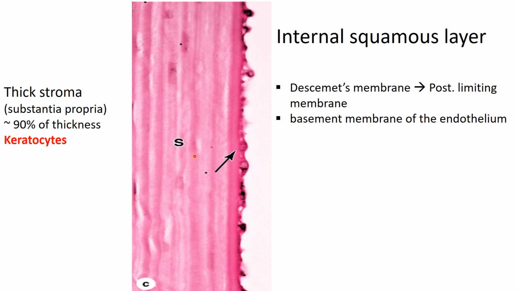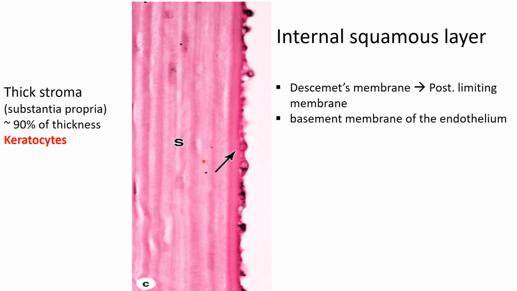This is composed of around 60 layers of parallel running collagen bundles, and because of that they confer transparency. This uniform orthogonal array of the collagen fibrils makes this a transparent layer.